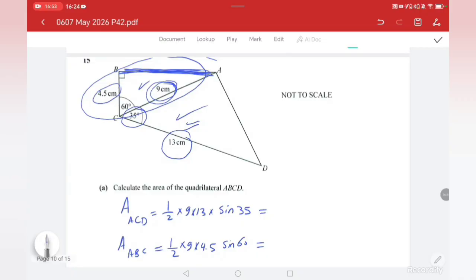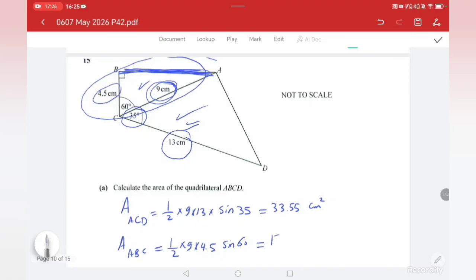Let's calculate 1/2 times 9 times 13 times sine 35. This one is 33.55 centimeters squared. This is area. And then 1/2 times 9 times 4.5 and sine 60.